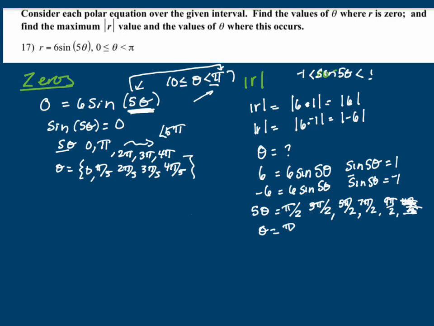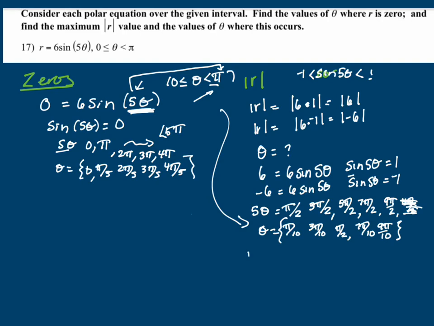So this is pi over 10, 3 pi over 10, then 5 pi over 10, which is pi over 2, 7 pi over 10, and then 9 pi over 10. And notice now we're in our domain of going right before pi. So those are our angles.